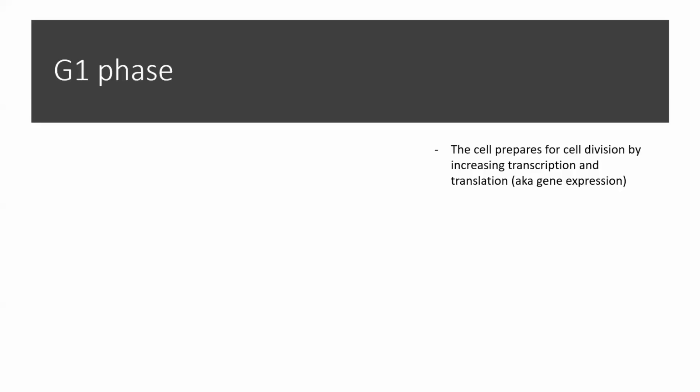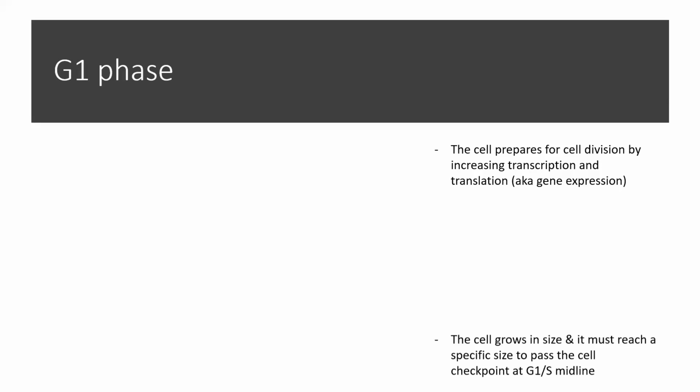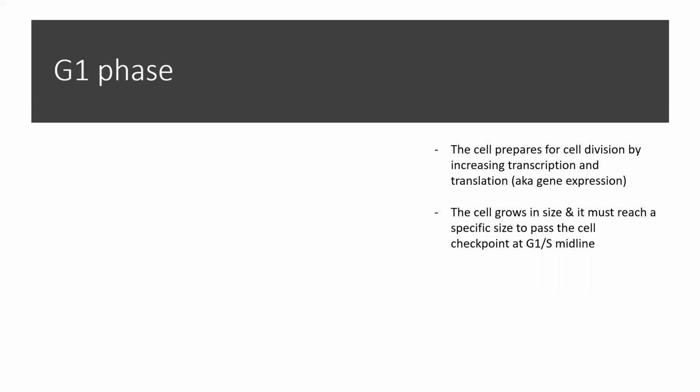Basically, the cell is synthesizing more cellular material which it needs in mitosis, like proteins, enzymes, and cell membrane materials like lipids, cholesterol, transport proteins, etc. The cell grows in size and it must reach a specific size in order to pass the checkpoint at the end of the G1 phase.